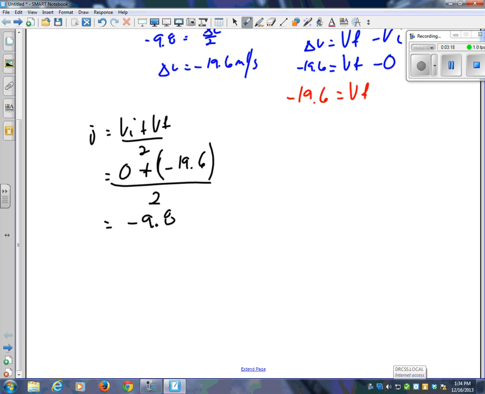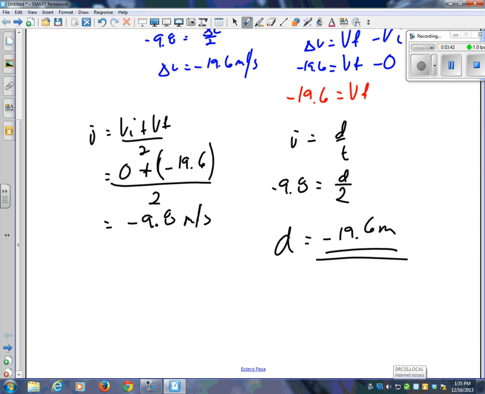Minus 9.8 meters per second. v bar equals d over t. Oh, not minus 19. Minus, once again, 9.8. d over how long? 2 seconds. Oh, I'm multiplying by 2 again. How far did the bag fall? 19.6 meters. Okay?